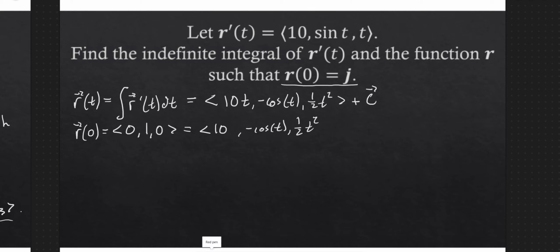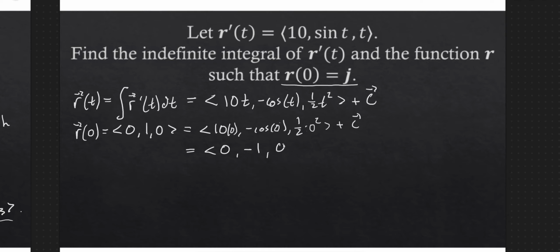So 10 times 0, evaluating each of these, 10 times 0, minus cosine of 0. I'm evaluating at 0 because it's an initial value problem, and then 1/2 times 0 squared, and then plus this constant c. Over here, I'll get 0. Cosine of 0 is 1, so I get minus 1 here.